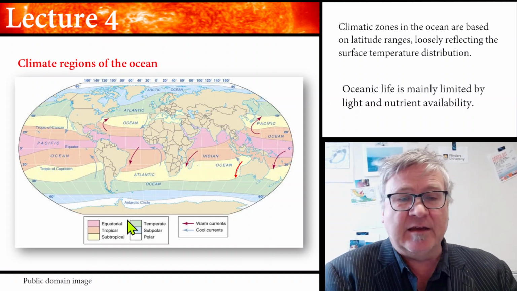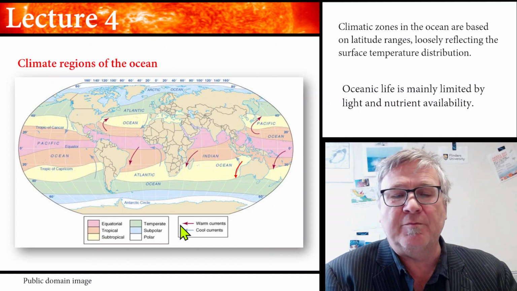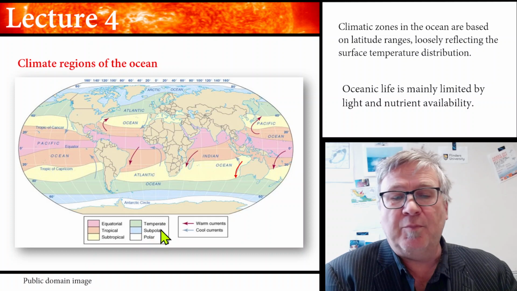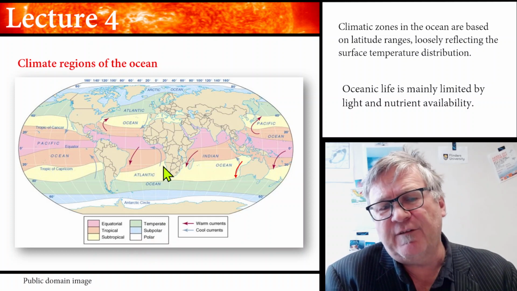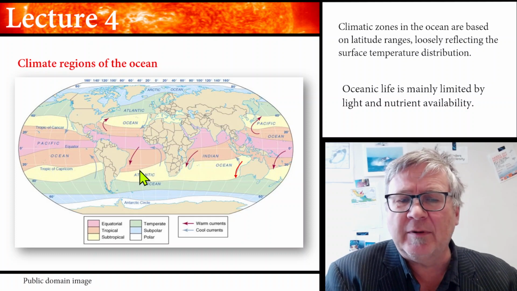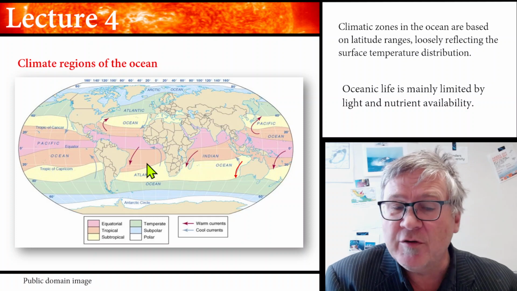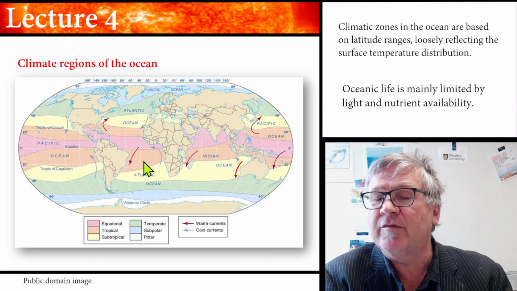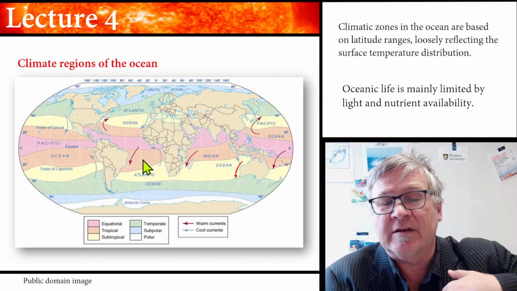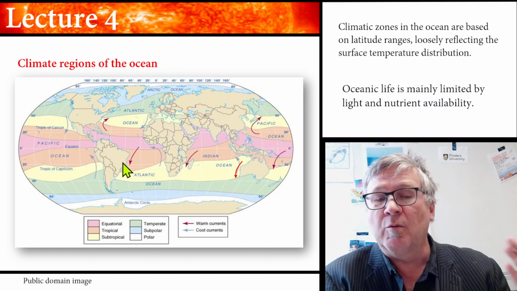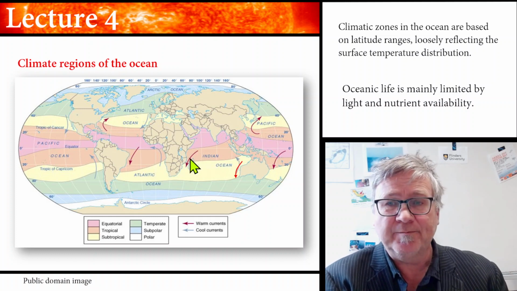You can define equatorial zones, tropical zones, subtropical zones, temperate zones, subpolar and polar regions based on the temperature, with slight variations, not strictly zonal, because here shown is the influence of horizontal currents. You have so-called warm water currents and cold water currents that move warmer waters into colder climates, or colder water into warmer climates. They are illustrated here by currents.